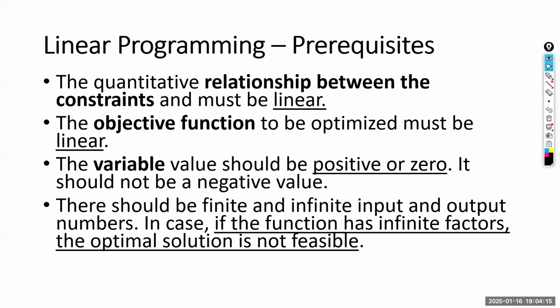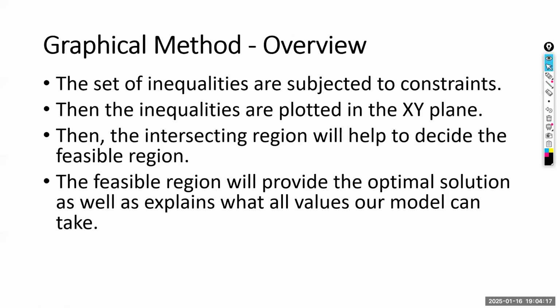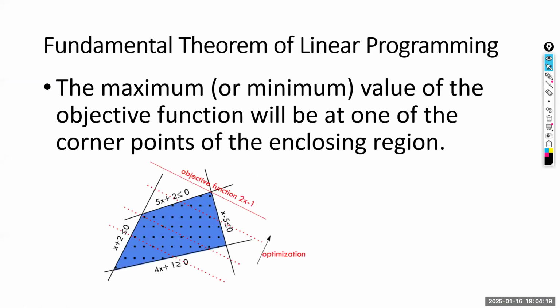So what is the idea behind the graphical method? You just plot the constraints as equations, not as inequalities. You draw the lines and then mark the regions depending on whether it's less than or greater than.